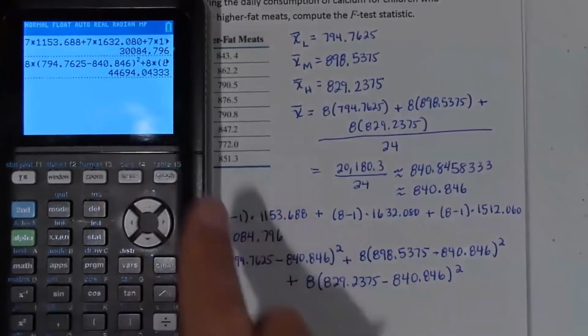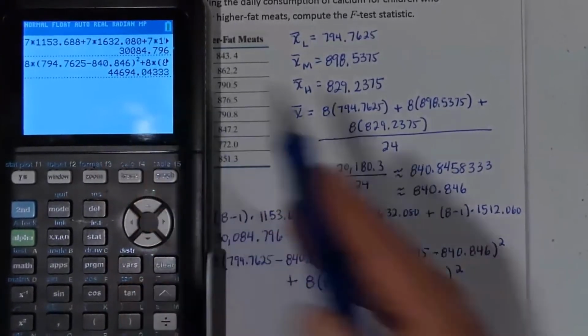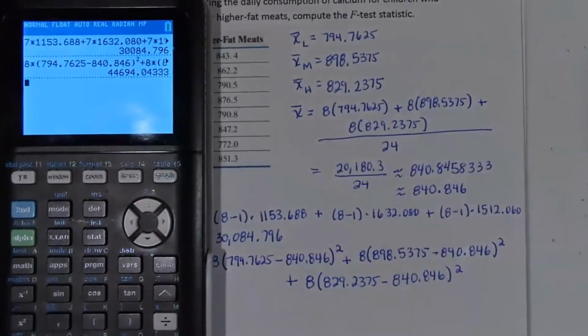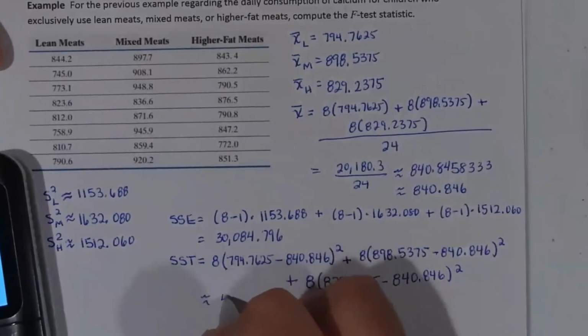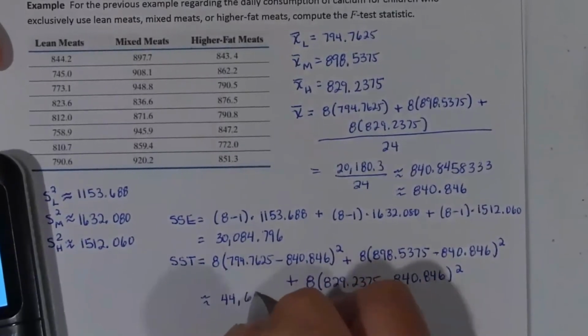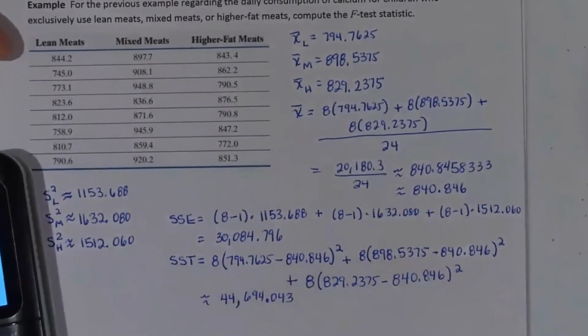And that gives me a total of 44,694.043 if I round to 3 decimal places. So this is approximately 44,694.043. That's a decimal point, this is a comma.